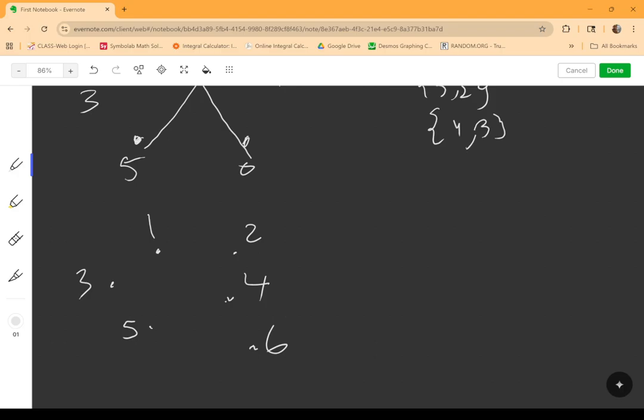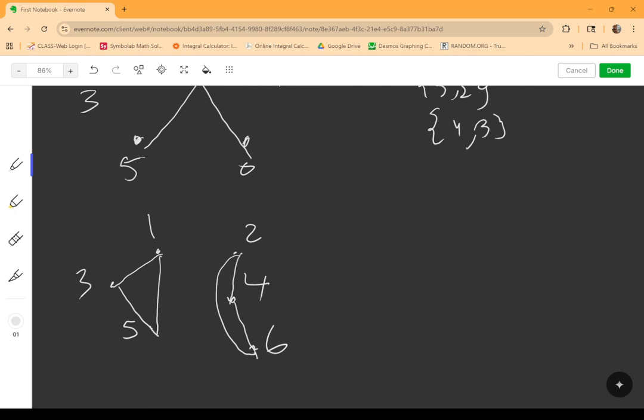So that happens when I add either two even numbers or two odd numbers. Okay, so we can describe a graph like this.